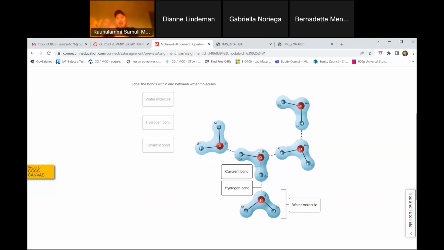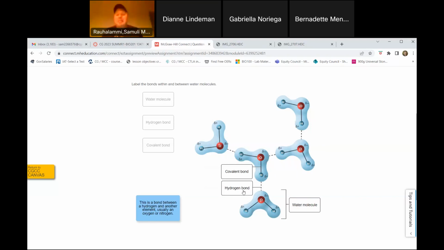Remember, electrons were negatively charged, so there's more negative charge at this oxygen end, and while they were spending a little less time at the hydrogen end, there's slightly lesser negative charge, so there's slightly positive charge at this hydrogen end. And we remember from the chapter material that opposites attract each other. So each water molecule is slightly negatively charged at the oxygen end and slightly positively charged at the hydrogen ends.